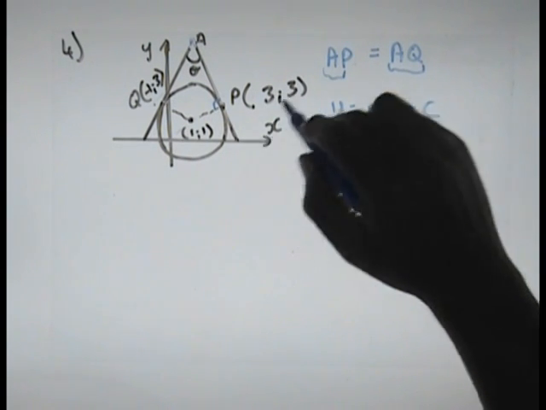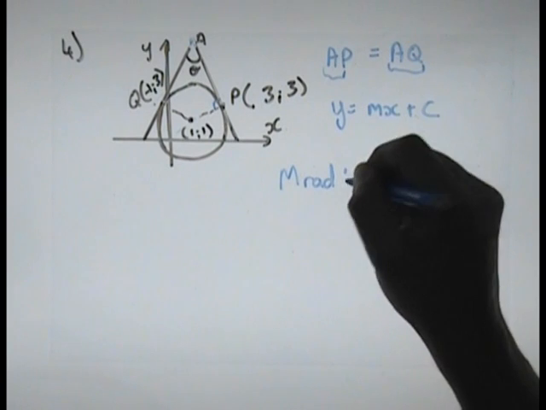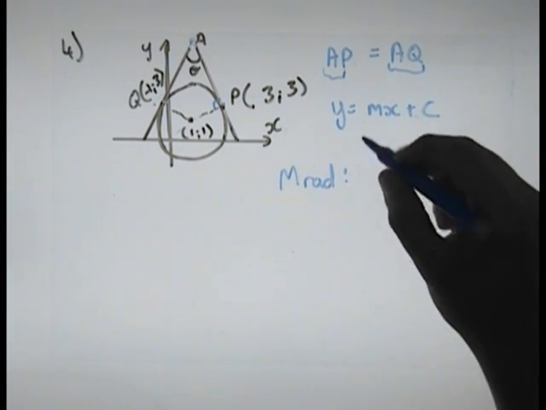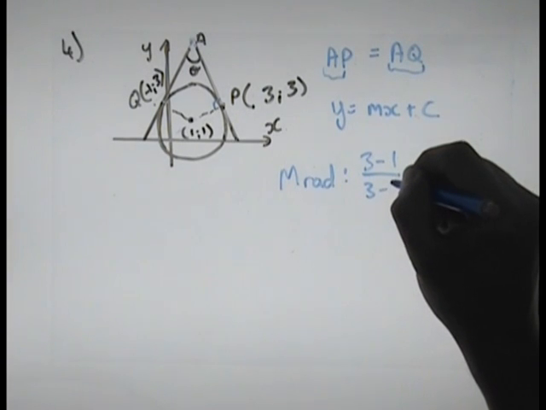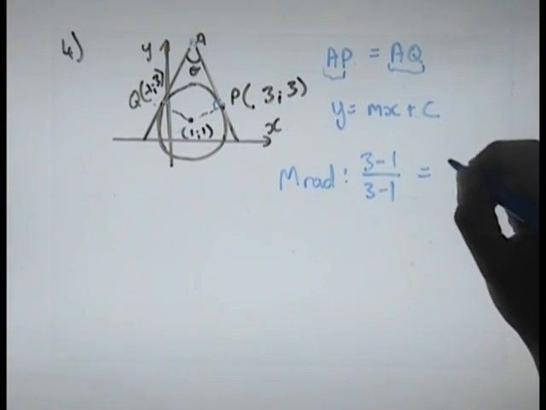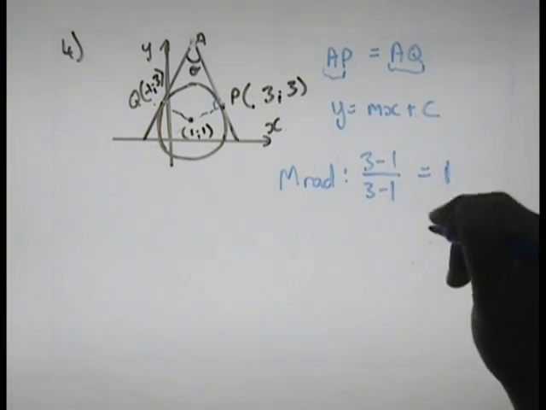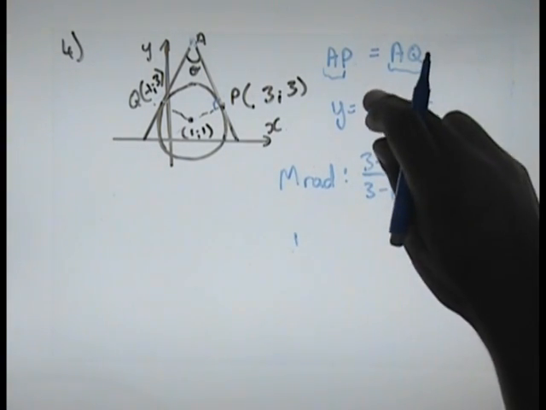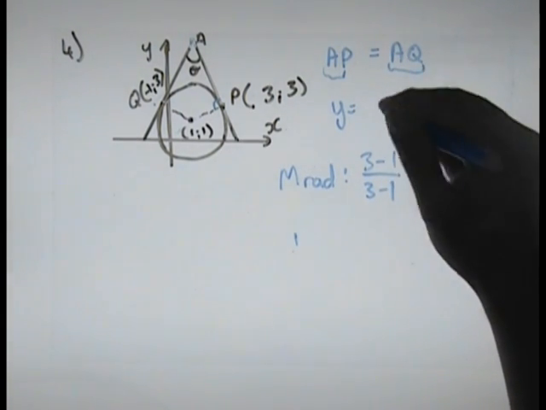We can, however, calculate our gradient. Our gradient of our radius is equal to y2 minus y1 over x2 minus x1, which is going to give me positive 1. That means that the gradient of our tangent is going to be -1, or just negative x.